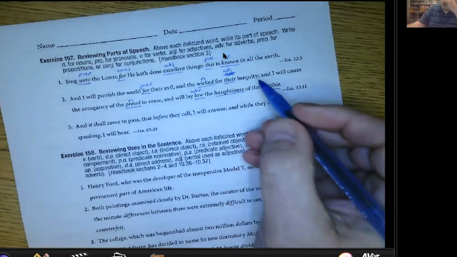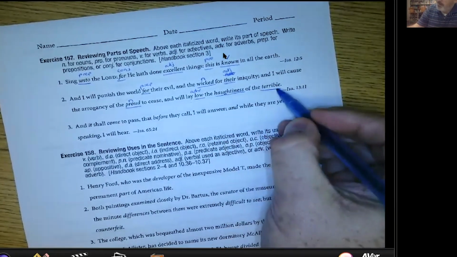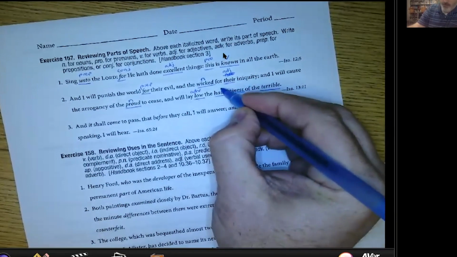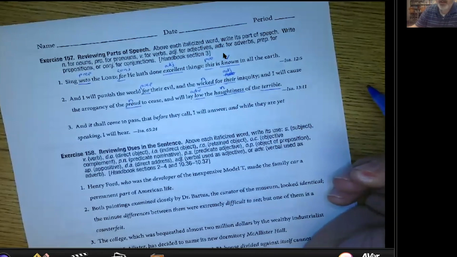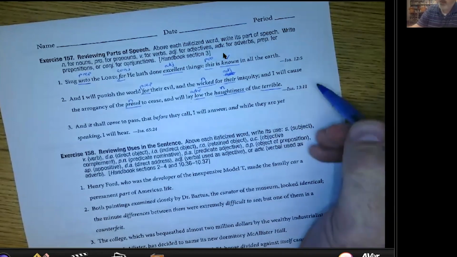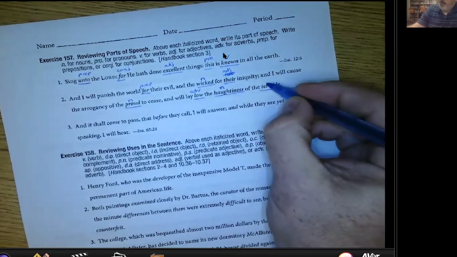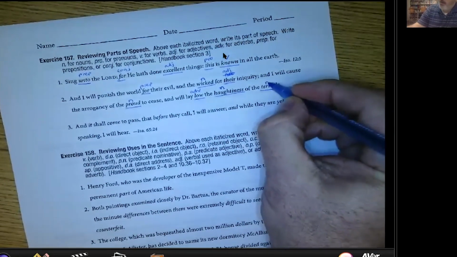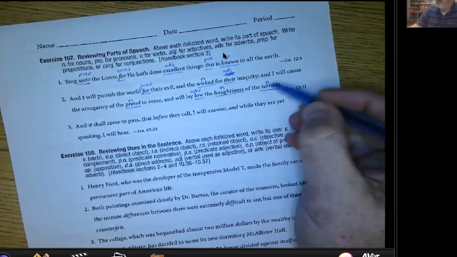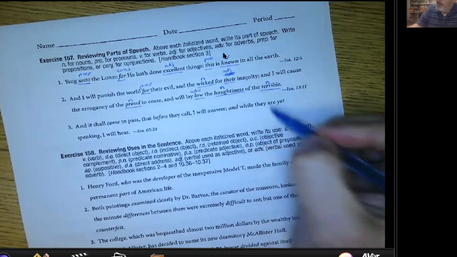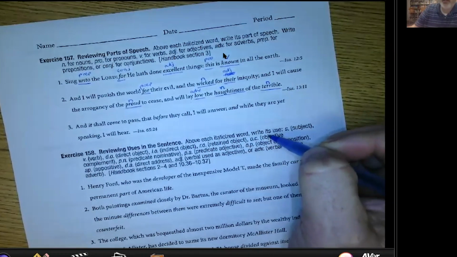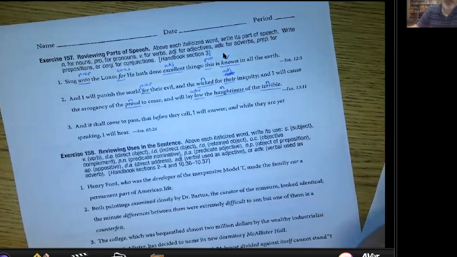The haughtiness of the terrible. That's an adjective? No, that's a noun. Haughtiness is a noun, like love is a noun, or arrogance is a noun. It's a thing. And then of the terrible is a noun as well. Terrible could be an adjective, but since of the terrible is a prepositional phrase, terrible is a noun that's acting as the object of that prepositional phrase.